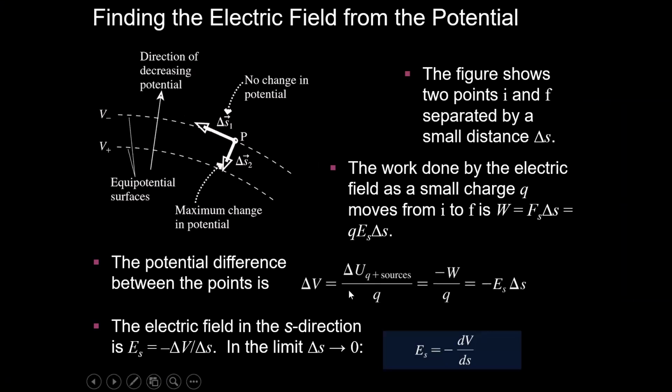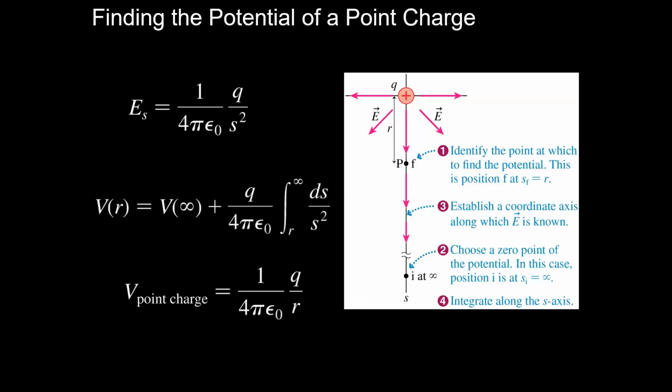Now let's turn the problem around, right? What did we do in the previous example? We took the integral of the electric field, and we took the antiderivative of essentially minus 1 over s squared, and we got 1 over r, right? The antiderivative of 1 over r squared is minus 1 over r.